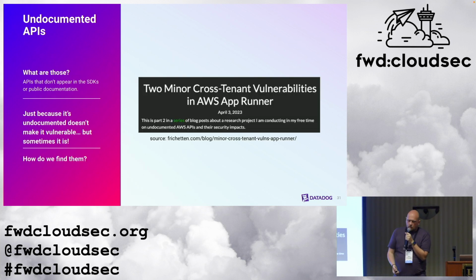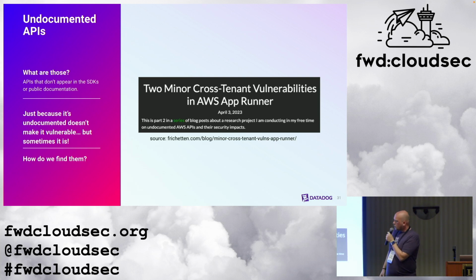But sometimes they can be vulnerable. As an example, earlier this year, I found 2 minor cross-tenant vulnerabilities in the app runner service. These operations were marked as internal only, except I could execute them from my normal AWS account. And these essentially worked by you provided a AWS account ID, any AWS account ID, even ones you don't own, and it will return you information about the app runner service in that account.